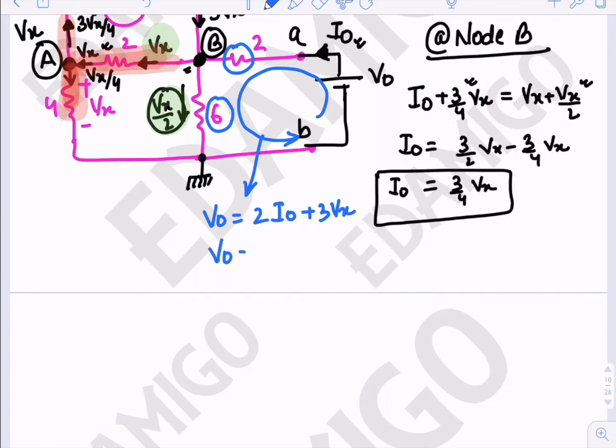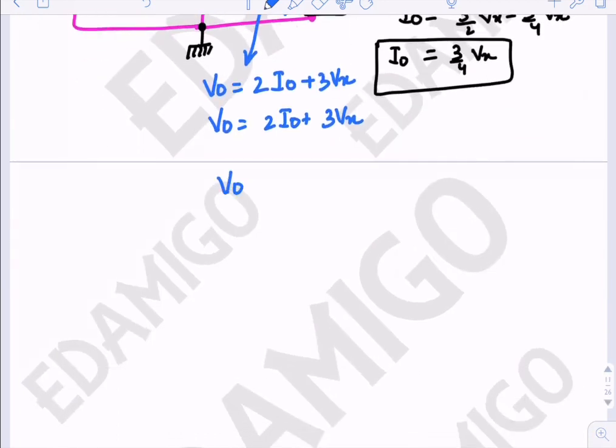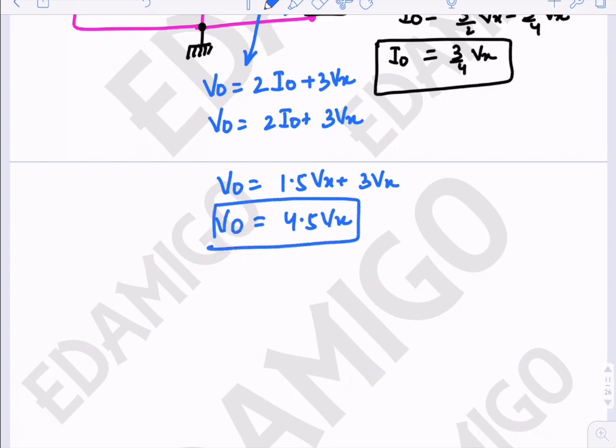So V naught is equal to 2 I naught plus 3 Vx. Putting the value of I naught, we can see that V naught is equal to 1.5 Vx plus 3 Vx, that is 4.5 Vx.